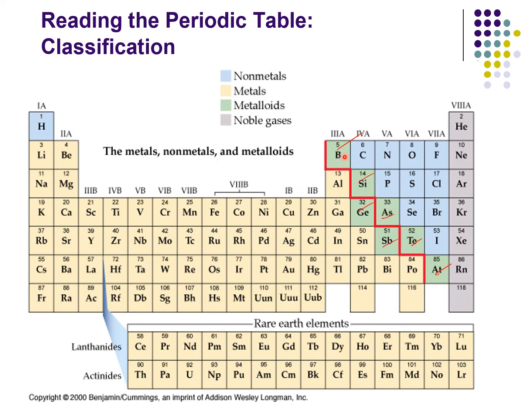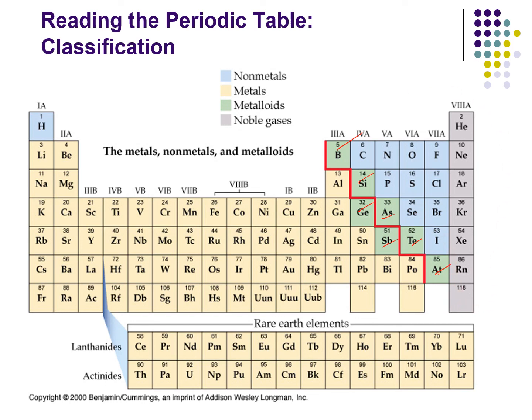At eto class, lahat ng nasa left niya, except for hydrogen, ay mga metals. Metals yung lahat ng yan. At lahat naman ng nasa right side nung staircase natin, ayan naman po ay mga non-metals.